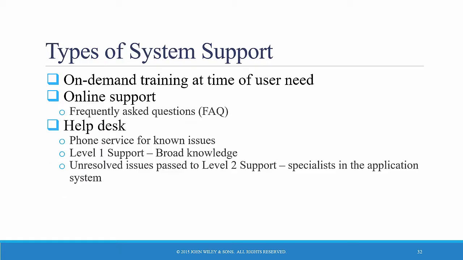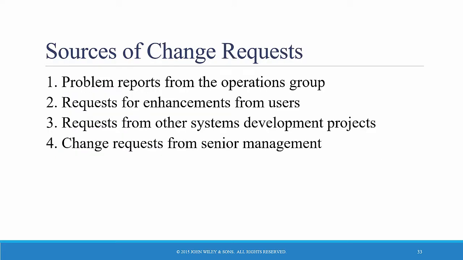There are various types of support, which might take the form of online support, on-demand training, frequently asked questions or FAQs, a help desk, for example, and things of that nature. Change requests need to be carefully considered.